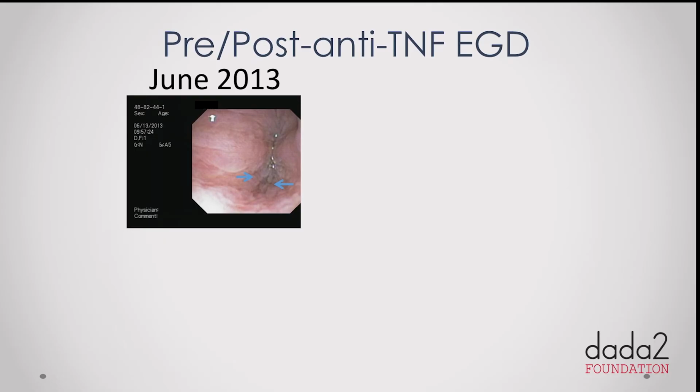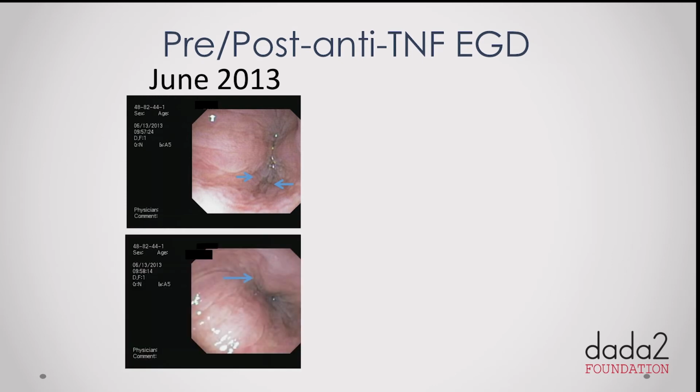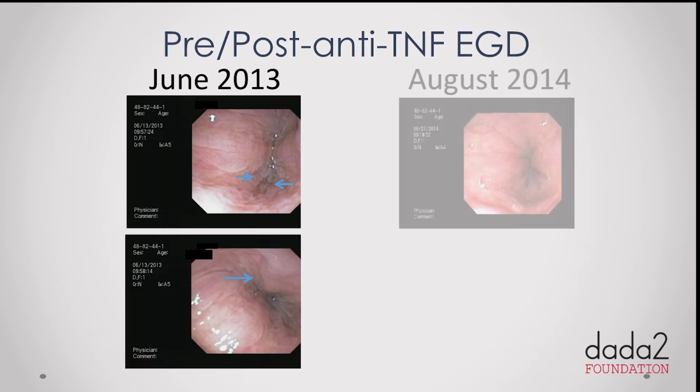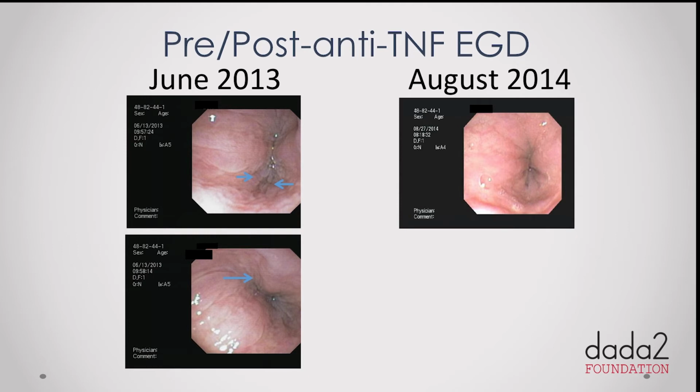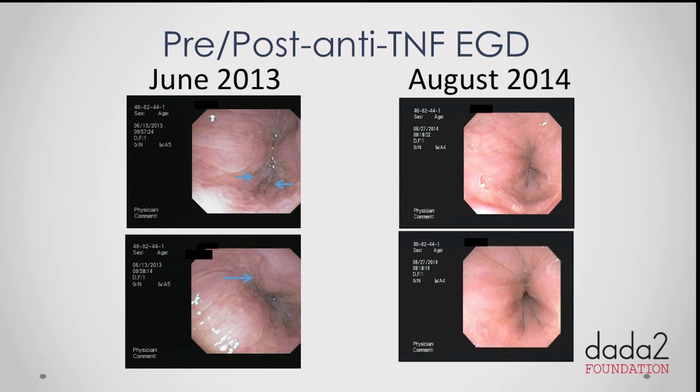Because we also had this to show you, we have an endoscopy done on one of the patients at the time she was started on etanercept treatment in June of 2013, and these arrows are showing esophageal varices that were present. We repeated this endoscopy just a year later, and we had complete resolution of the varices without any other treatment aside from the etanercept.